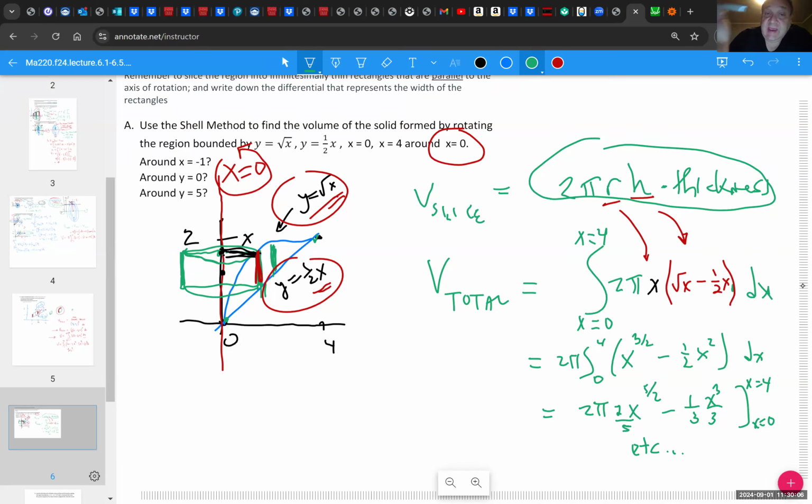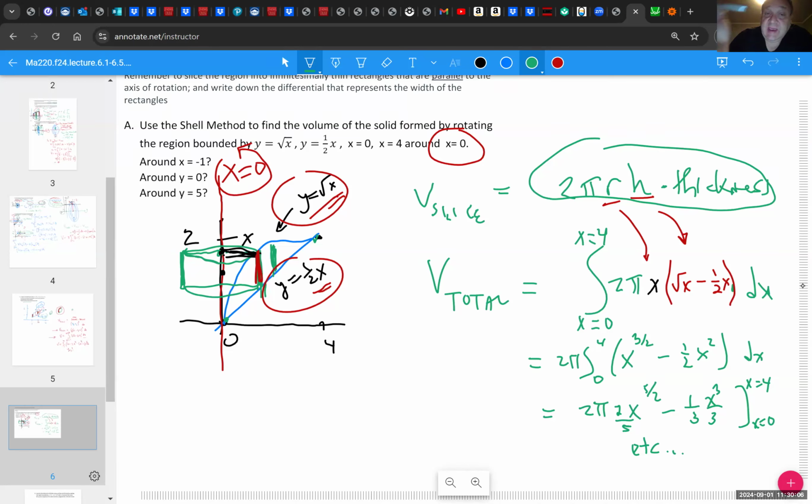So there's my vertical rectangle parallel to that. It has a thickness of dx. I revolve around, so this distance from here to here has to be the same because it's symmetrical. So I get the same distance, and I get my little rectangle over here, and I get this big old circle thing on the bottom, like that. Okay, so I need to figure out the formula.